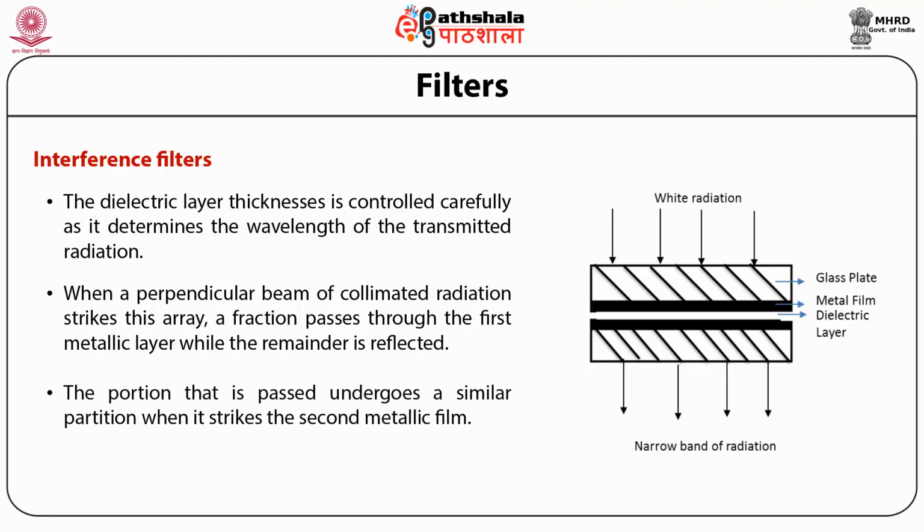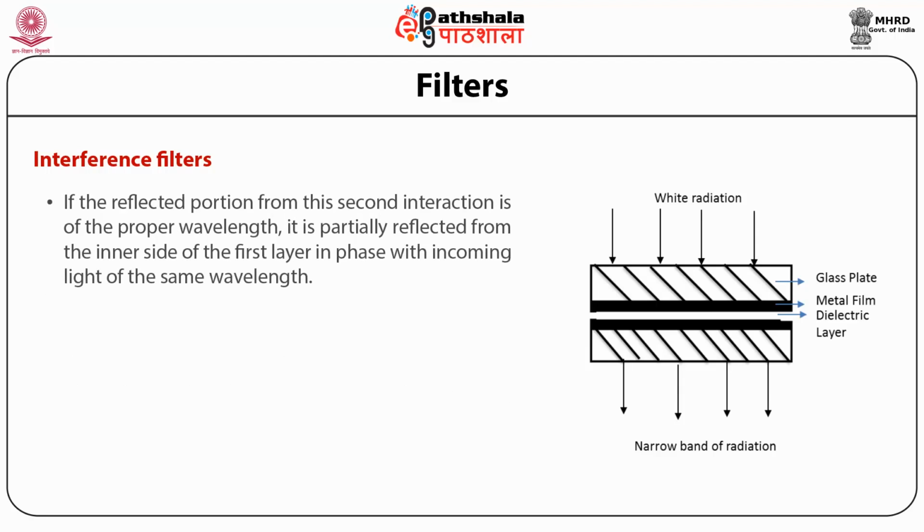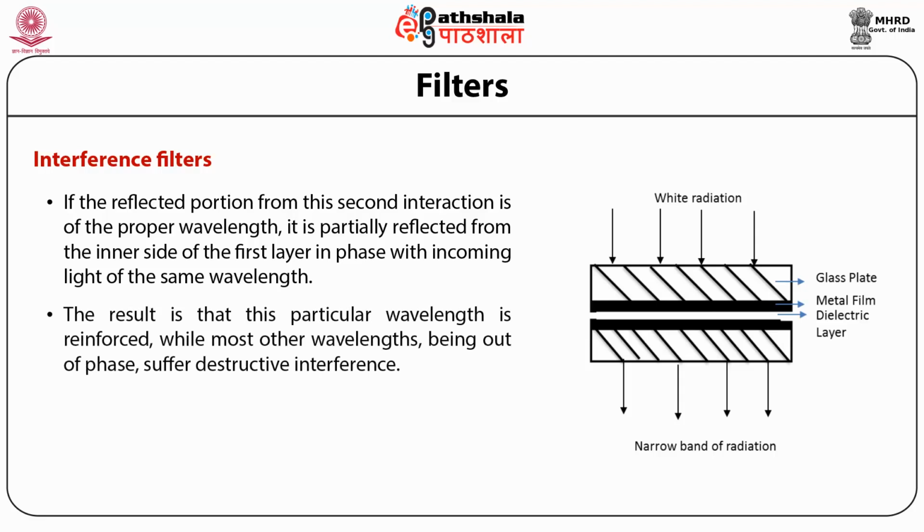The portion that is passed undergoes a similar partition when it strikes the second metallic film. If the reflected portion from this second interaction is of proper wavelength, it is again reflected from the inner side of the first layer in phase with incoming light of the same wavelength. The result is that this particular wavelength is reinforced, while most other wavelengths, being out of phase, suffer destructive interference.